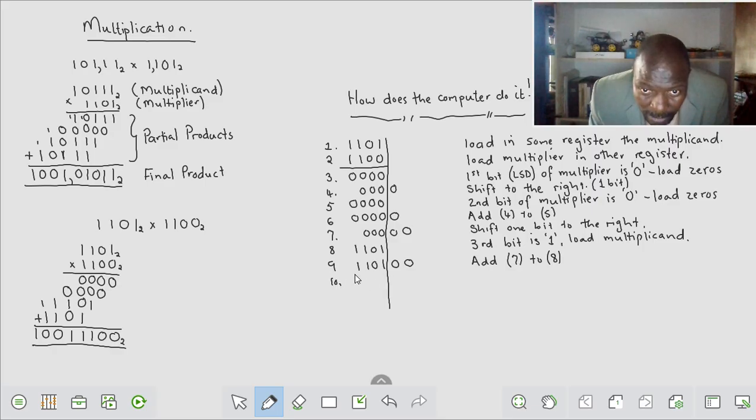We shift one bit. This bit comes there. Bit 4 becomes bit 3. Bit 3 becomes bit 2. Bit 2 becomes bit 1. Bit 1 jumps the line. These two bits shift to the right. So shift one bit to the right.